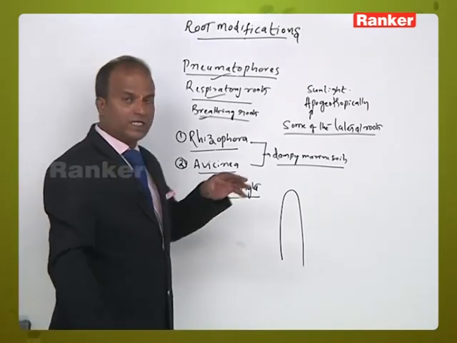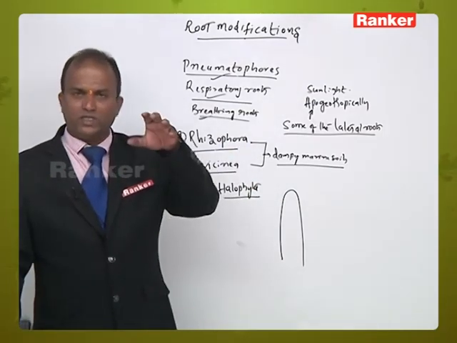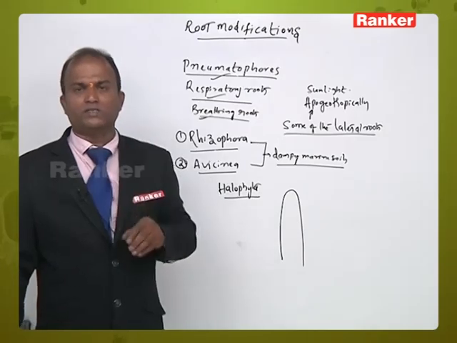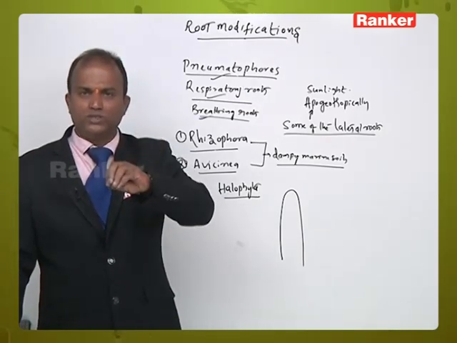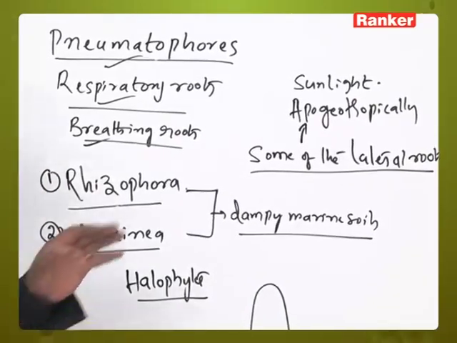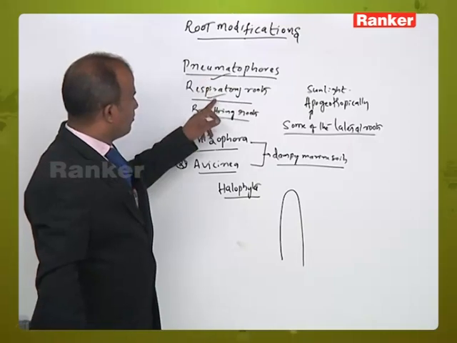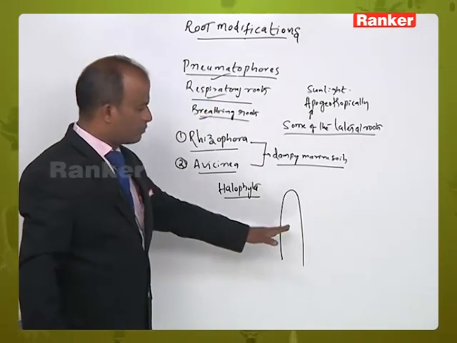Whereas the taproot system and some of the lateral roots grow towards the soil, that is positively geotropic and negatively phototropic.